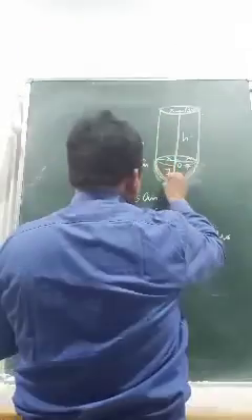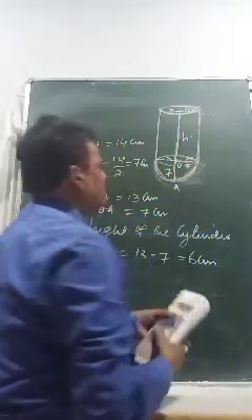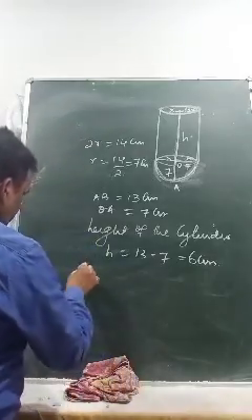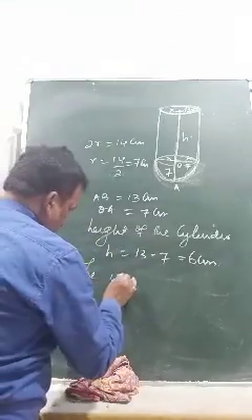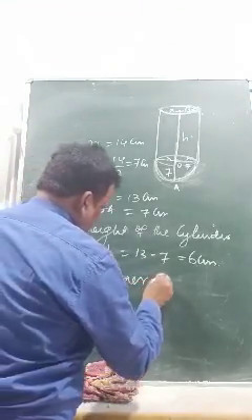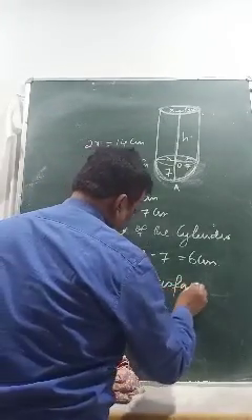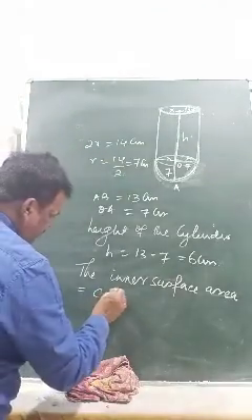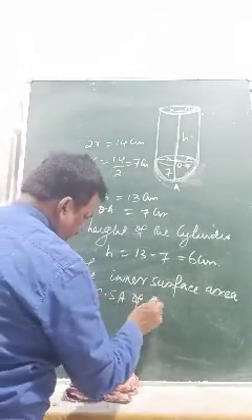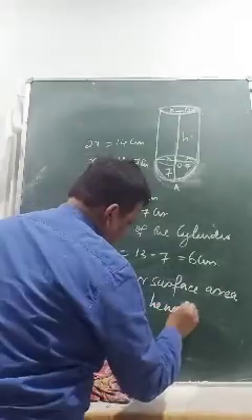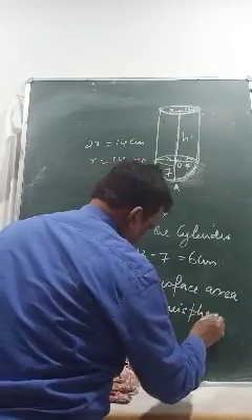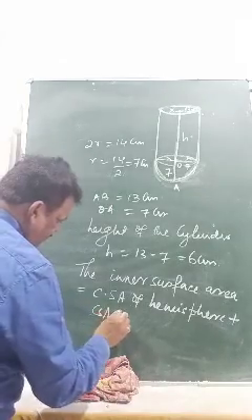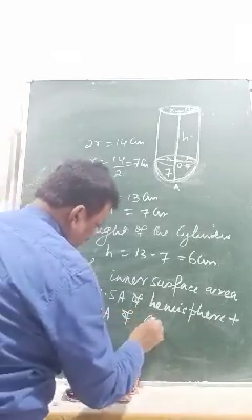So this hemisphere plus curved surface area of the cylinder. So you can write the inner surface area equals curved surface area of hemisphere plus curved surface area of cylinder.